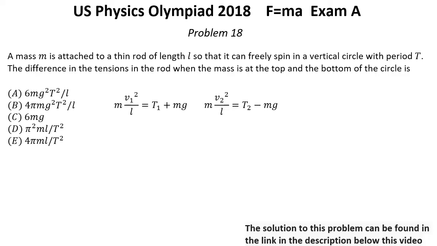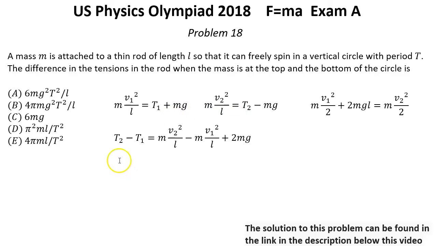The next equation is for energy conservation. In the highest position, we have kinetic energy mv1 squared over 2 plus potential energy compared to the lowest position, which is 2mgL. That must be equal to the kinetic energy in the lowest position, which is mv2 squared over 2. If we subtract the first equation from the second equation, we can find the tension difference, T2 in the lowest position minus T1 in the highest position.